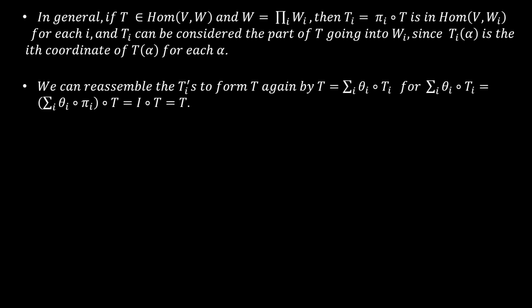As we saw previously, Ti is the coordinate projection πi of T, so when we express it that way, we have θi and πi, and we know that amounts to Ii, and Ii times T. So when you sum up everything, this becomes the identity, multiplied by T, so we get T. We've built T from T using these two mappings, the injection and the projection mappings.